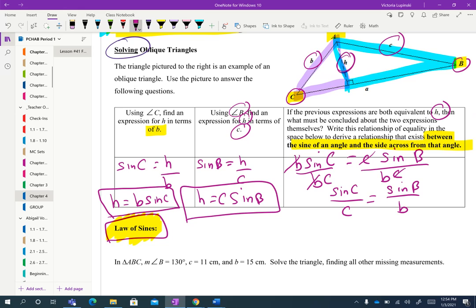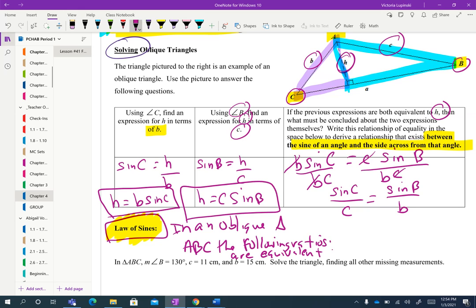So to kind of formalize that, in an oblique triangle ABC, the following ratios are equivalent.